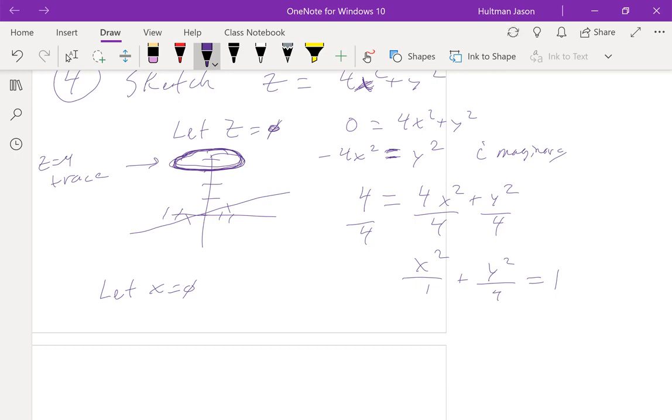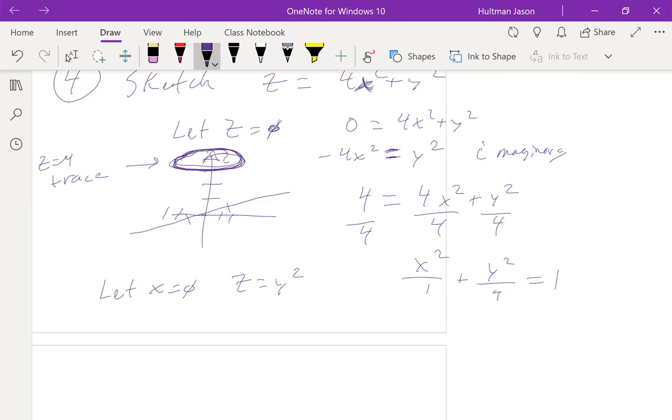So what about when x is equal to 0? We get z equals y squared. Well, that's interesting. What is that in the zy plane?